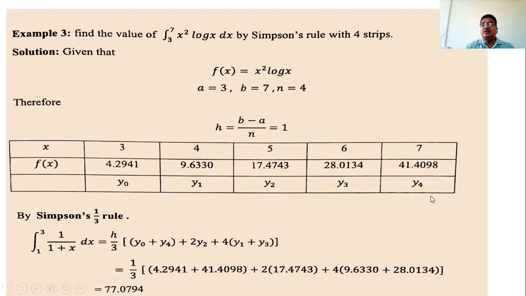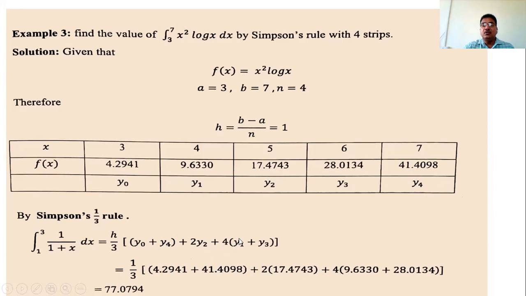Y4 is there with even suffix, but y4 is present in the first bracket. So except first and last, there is only one value of y whose suffix is even.